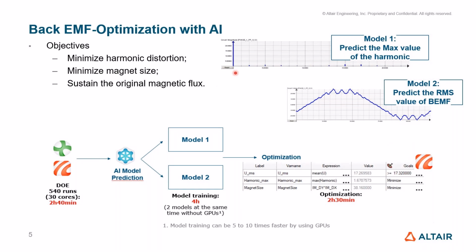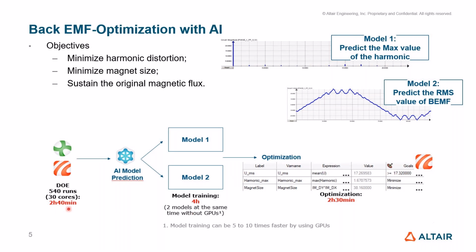These are the two quantities needed for us to focus on minimizing the harmonic distortion while at the same time maintaining the same magnetic flux, so that we are maintaining the RMS value of back EMF that is needed. On the other side, our third quantity is magnet size, which we will directly get from the dimension parameters that we have. That is already there, so we don't need an AI model for the magnet size. All we need is two models: RMS and maximum harmonic value.